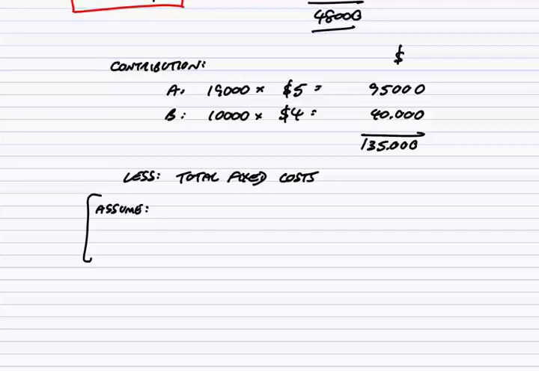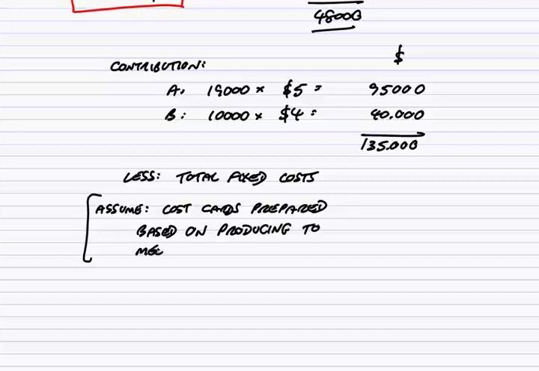And so we assume that the original costings were based on budgeted production. It's a big assumption, but even so, we assume that the cost cards were prepared based on producing to meet maximum demand.